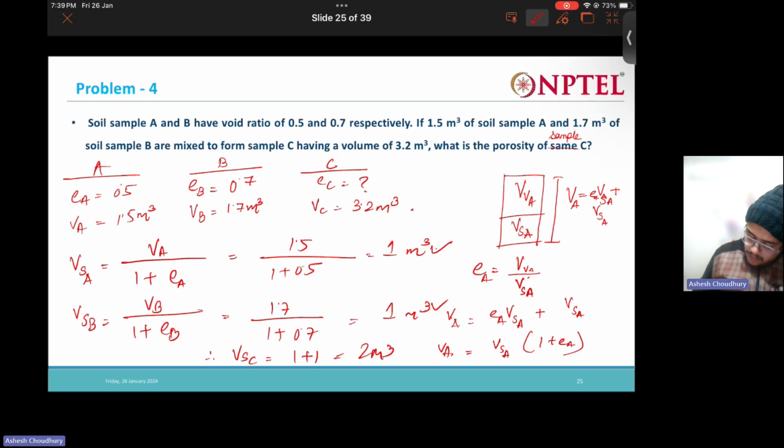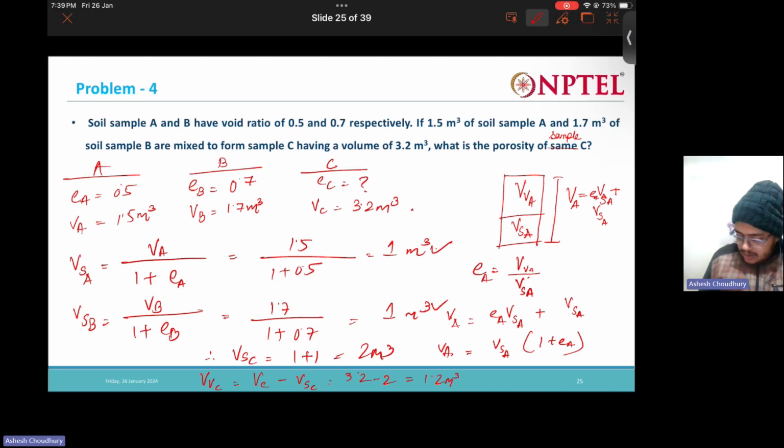Okay. So this is the volume of solids. Now, if I can get this volume of solids of C, I can get the volume of voids of C. Volume of voids of C is volume of C minus volume of solids of C. Volume of C is 3.2 minus 2, so 1.2.